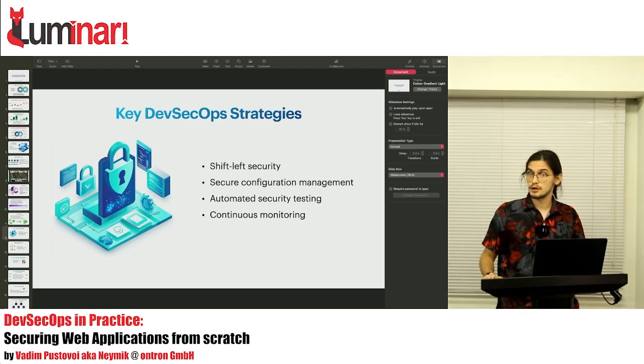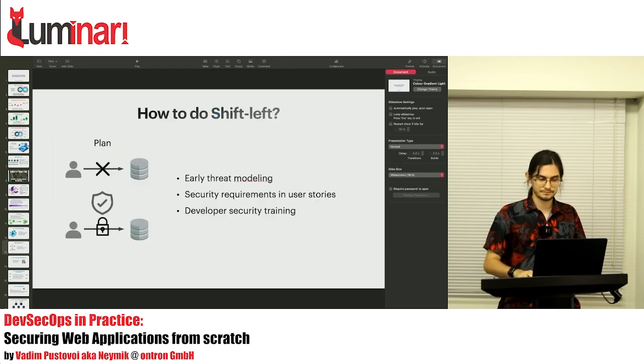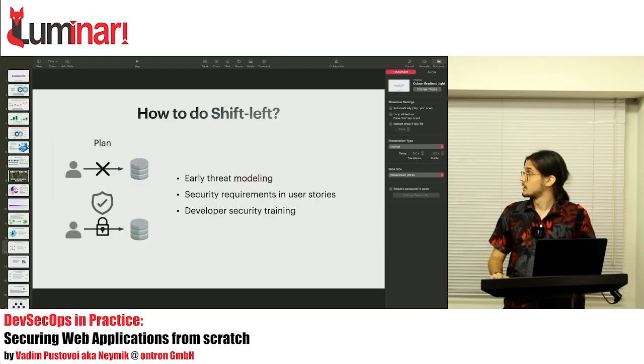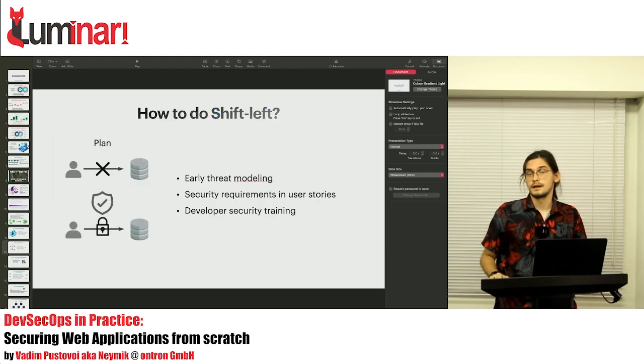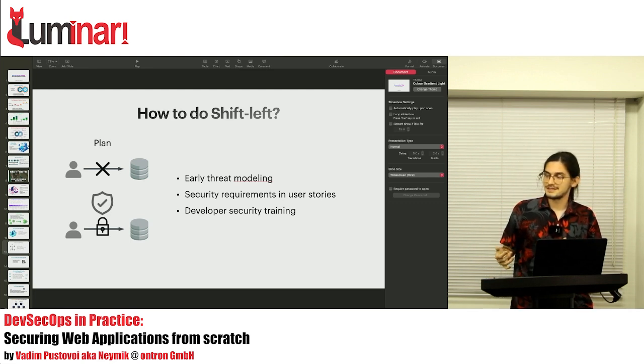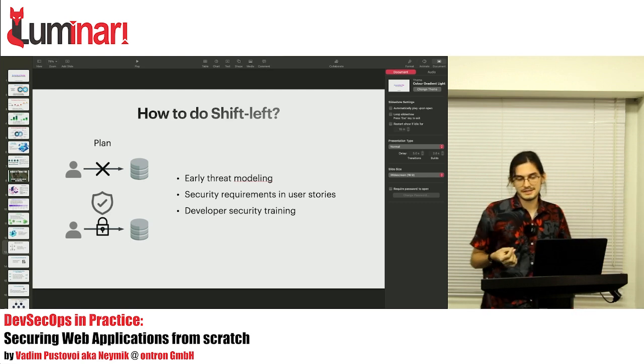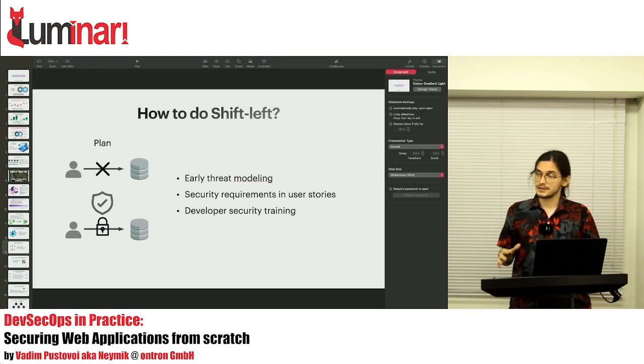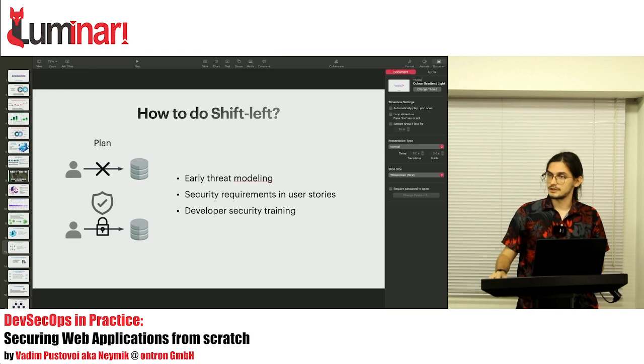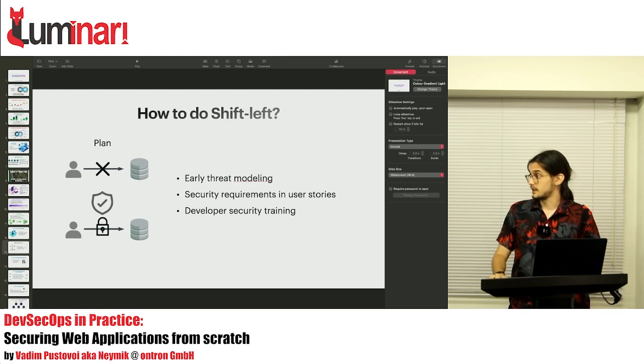Let's dive into some DevSecOps strategies. How to do shift left. The way shift left is named is that we are making our focus on security much earlier in the development stage.